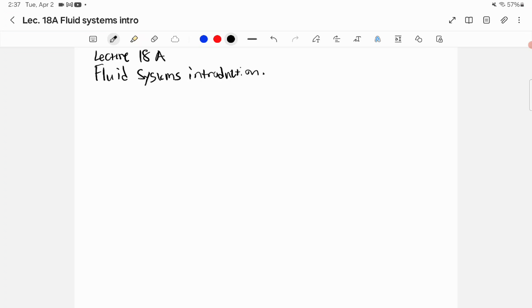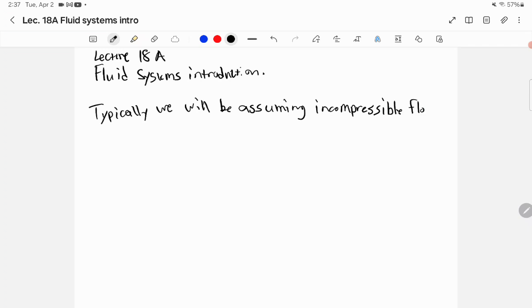So generally what we're going to be dealing with, typically, we will be assuming incompressible flows. So you can think of, in this case, the fluid will be a liquid.